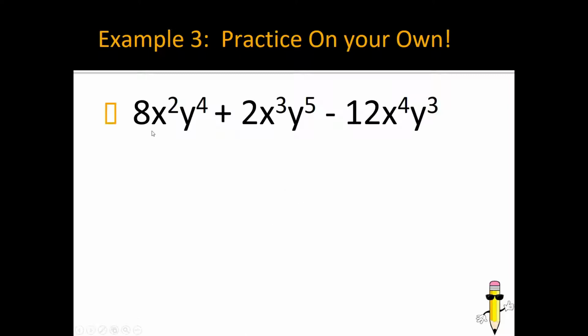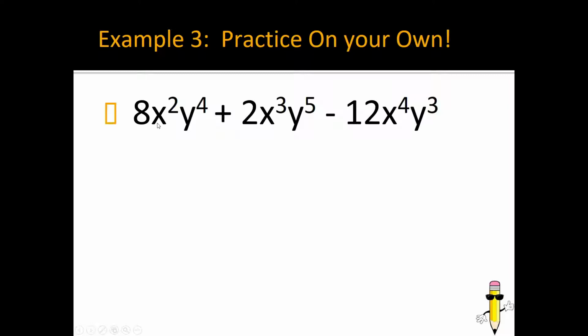And then our third example, I want to double check, is 8x squared y to the 4th plus 2x cubed y to the 5th minus 12x to the 4th y squared. So let's say I've got 8 to 12. The only coefficient I have in common is going to be 2.